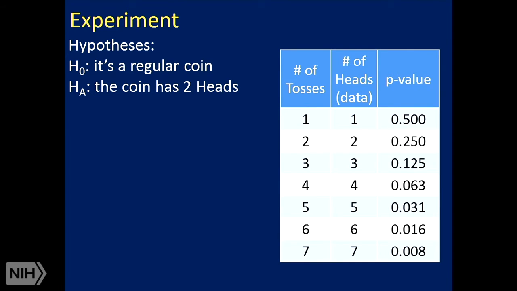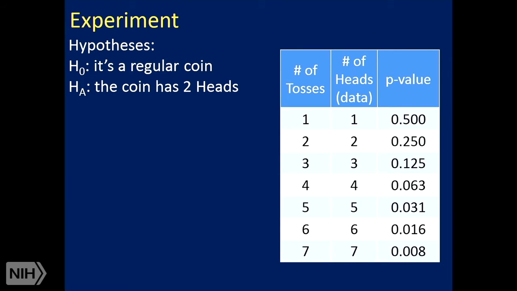It's the probability of getting the data I got, which is a head, when H0 is true, when I am actually tossing a regular coin. What is the chance of getting a head when I'm tossing the regular coin? It's a half, right? It's 1/2. If I'm tossing the regular coin, there's a 1/2 chance of getting head.